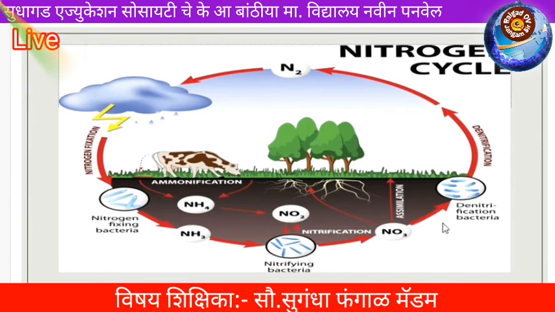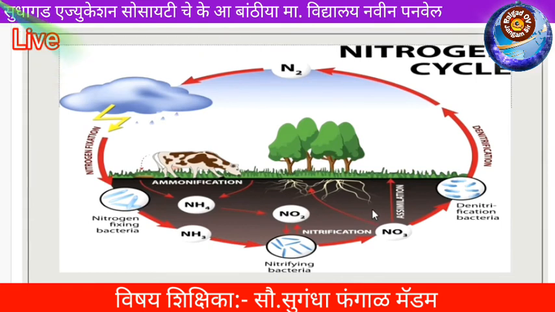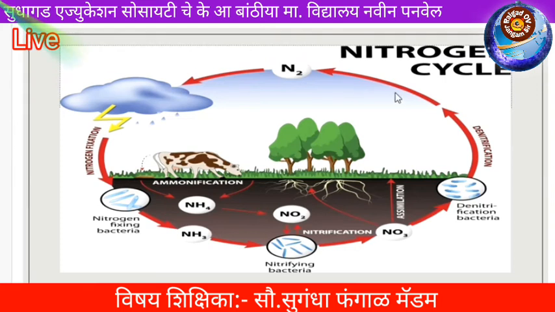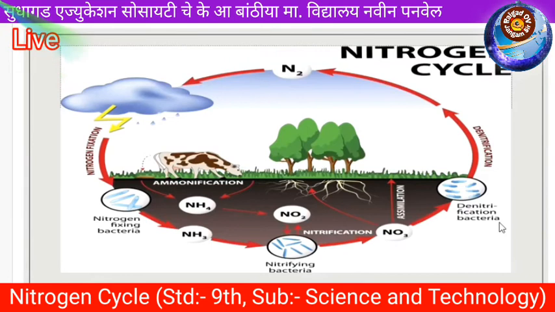And this nitrate is broken down by some bacteria present in the soil. They need oxygen for the respiration process, and in anaerobic conditions they break down the nitrate and take the oxygen, and this nitrate is converted into nitrogenous gases by the process of denitrification with the help of denitrifying bacteria.